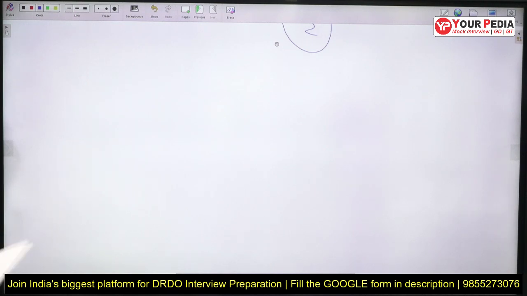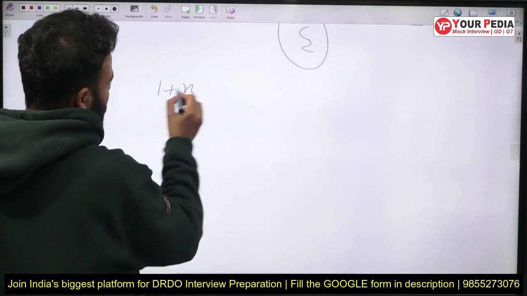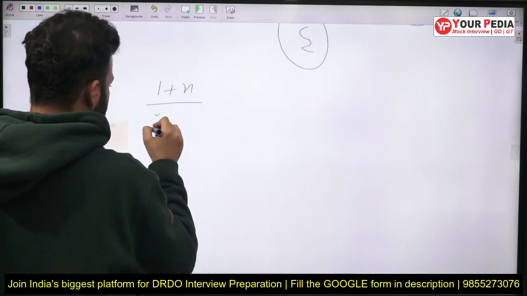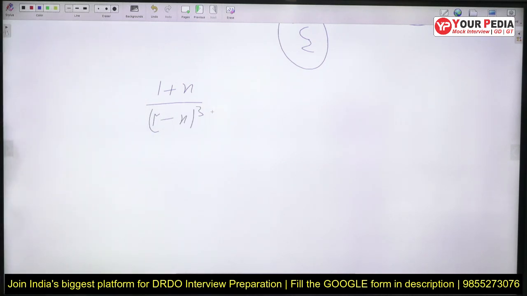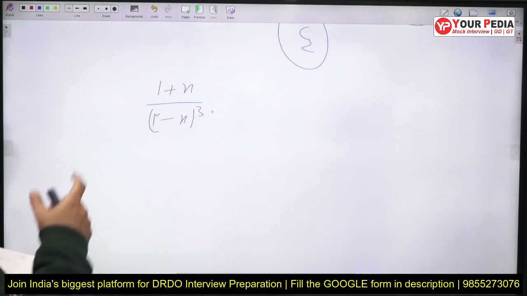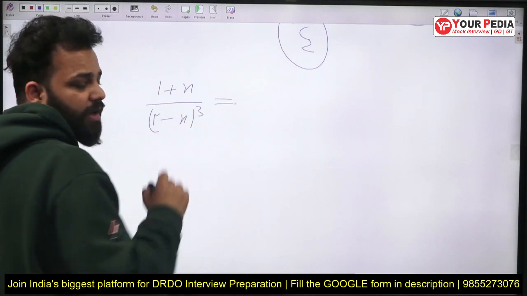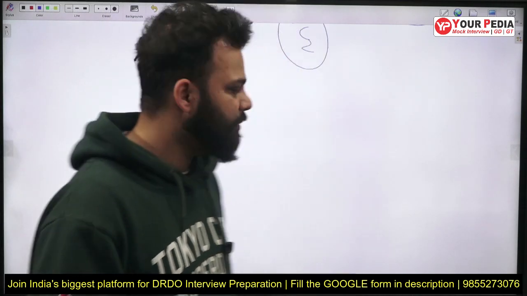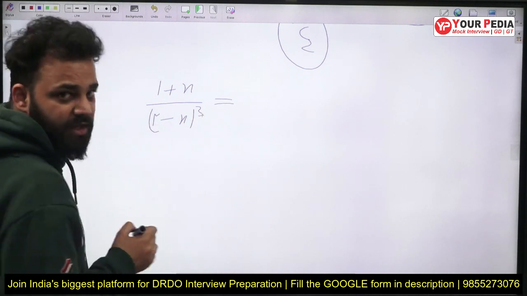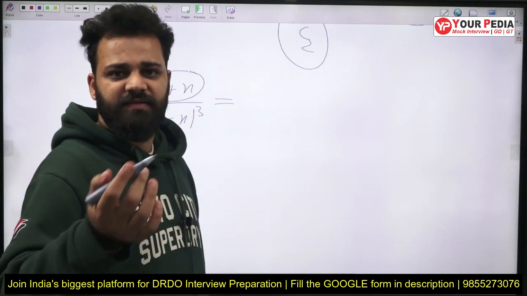Now let's say it is asking what will be the generating function given by this, 1 plus x and 1 minus x whole cube. Now there are two methods to solve this. If you see this 1 minus x cube, you can see that it will give you a square of natural numbers, and if m is equal to 3, the upper value should go till 3 minus 2, which is equal to 1.